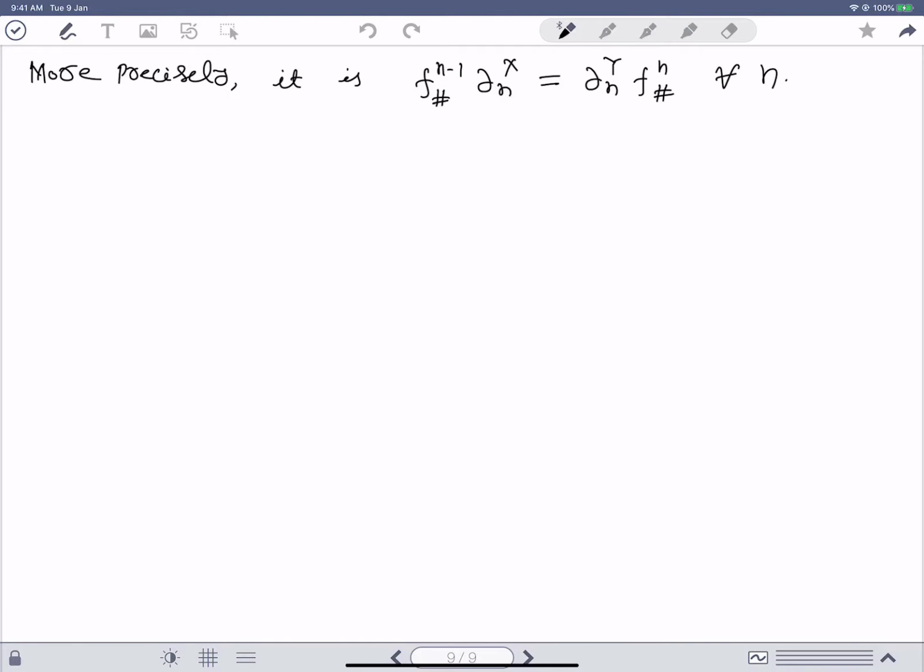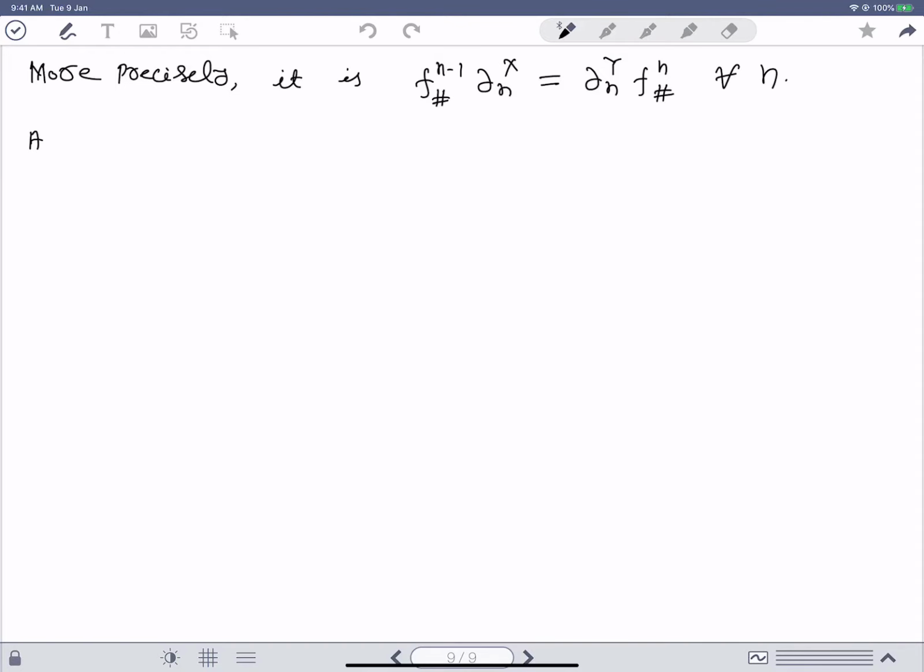More specifically this is the equation, but here I have omitted the symbol n. So it is well understood.